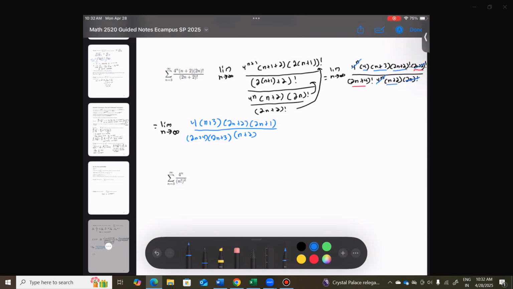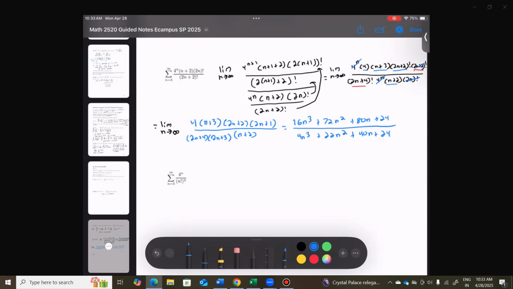Right. So now what we can do is multiply all this out. I'm not going to go through all the multiplying. I'm just going to write it out. You'll end up with 16n cubed plus 72n squared plus 80n plus 24 over 4n cubed plus 22n squared plus 40n plus 24.